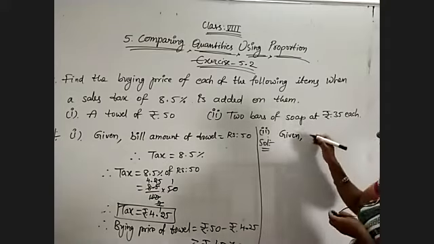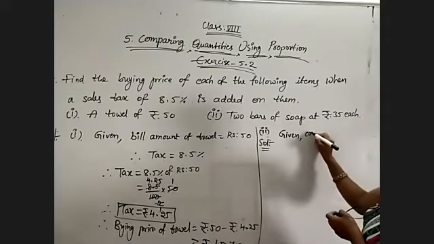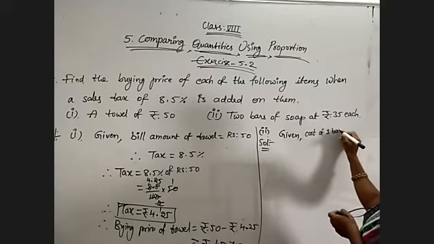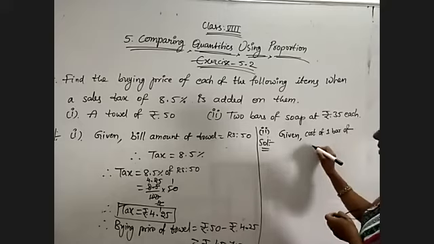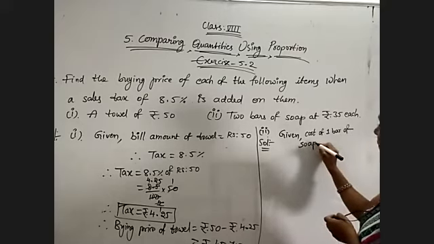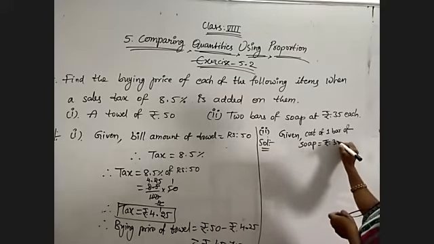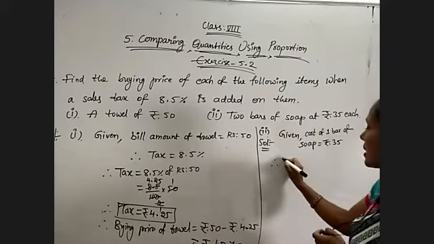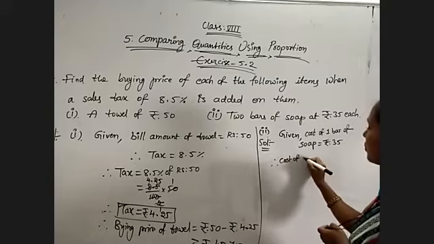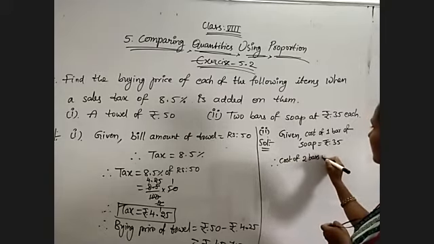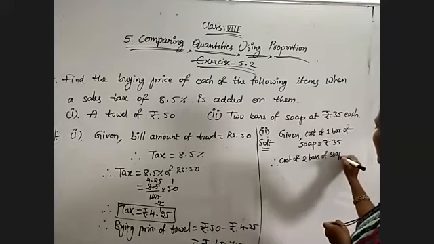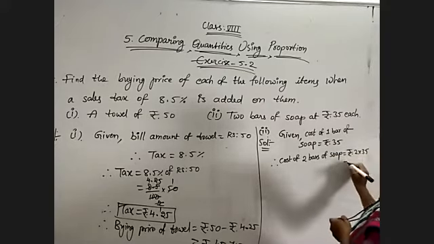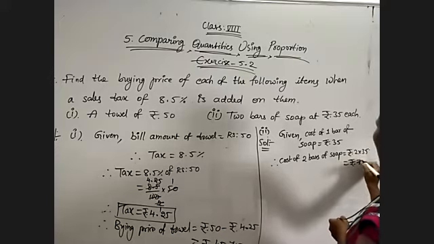Understand? So given cost of 1 bar of soap is equal to 35 rupees. But in the question given that there is 2 bars of soap, therefore cost of 2 bars of soap is equal to 2 into 35 rupees, that is 70 rupees is bill amount.